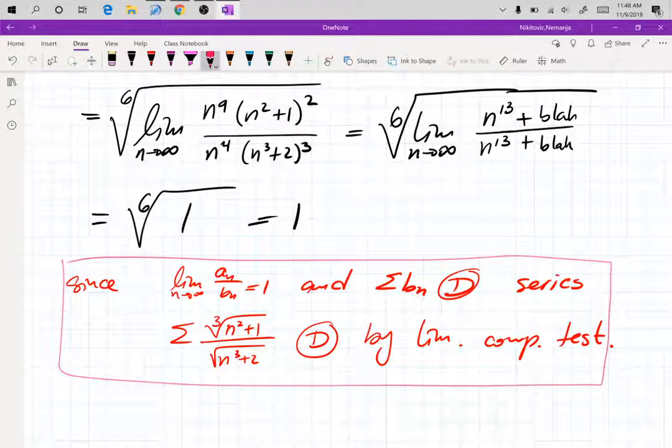Cool, huh? Practice taking limits. It's like 90% of your work.